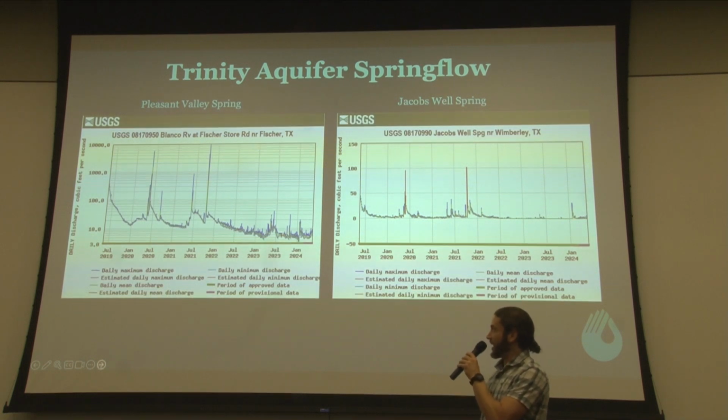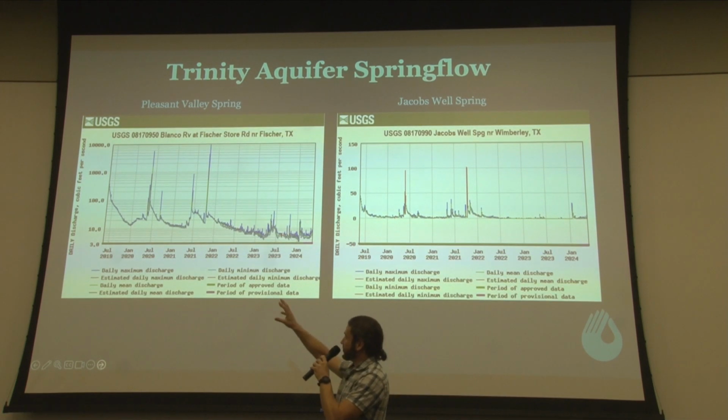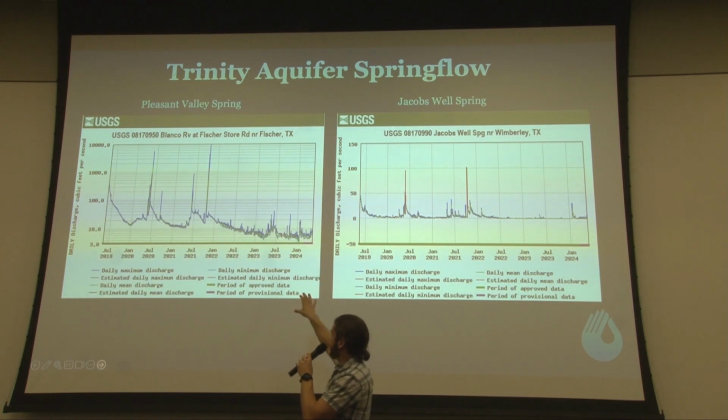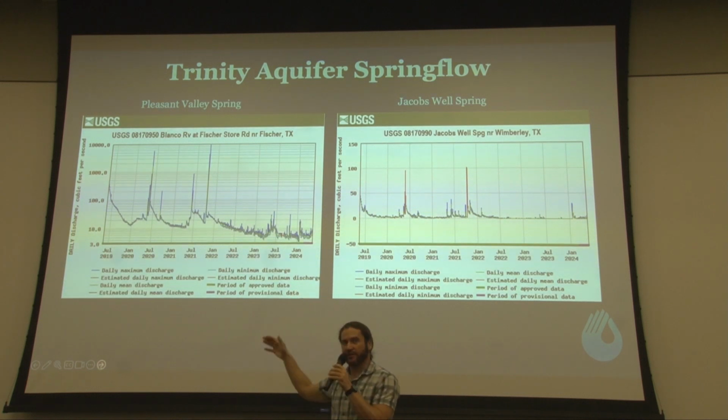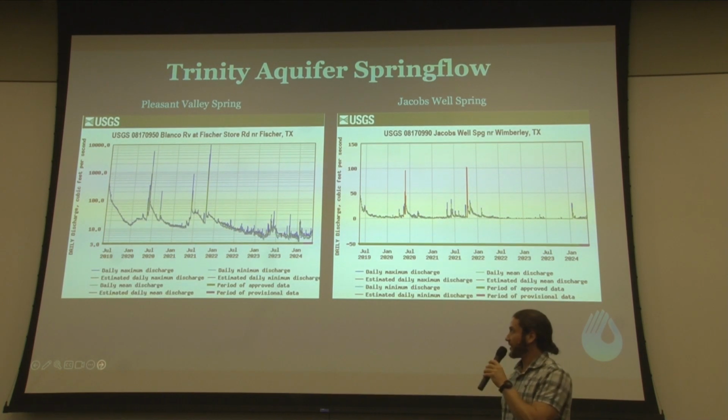And we installed a gauge back in 2017, and so you can see here we've got these short-term peaks in flow in response to individual rainfall events, but when we get into the last few years of data, we're dropping below 10 CFS consistently, and it even got down to 2 and 3 CFS when we were in the worst of it last fall.